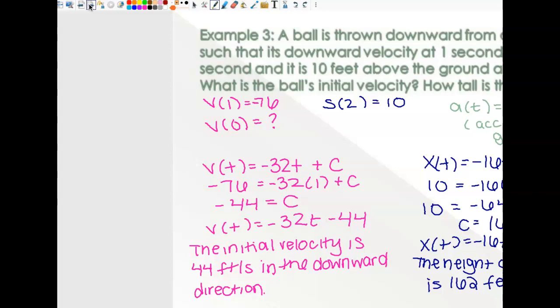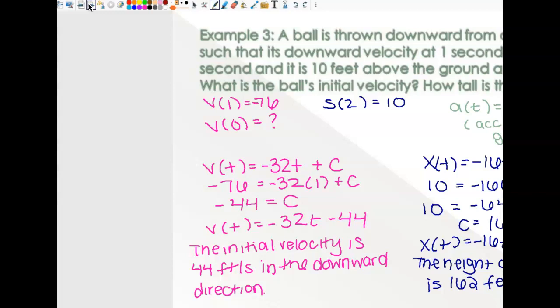So we know that v of 1 is 76 feet per second. So I just like to write down what I know. And if it's being thrown downward, then we know the velocity in the downward direction is negative.